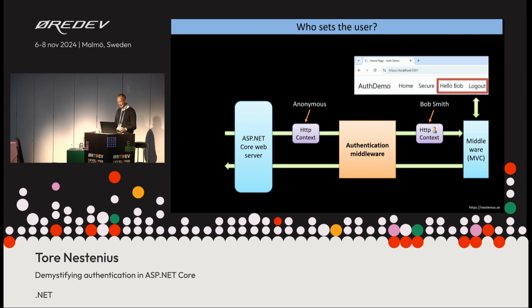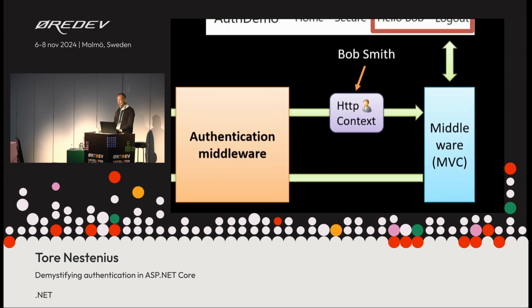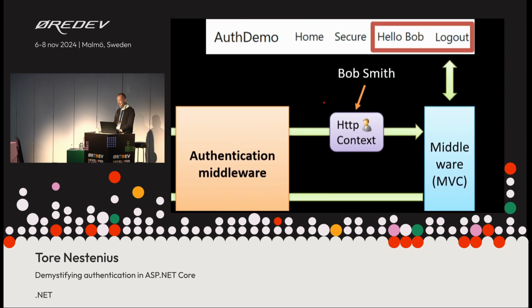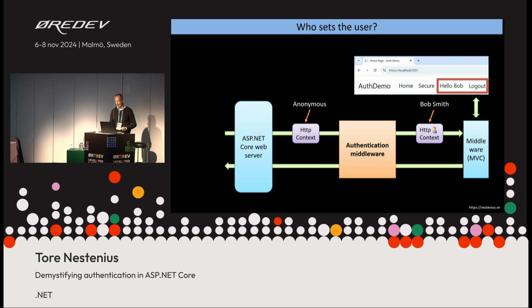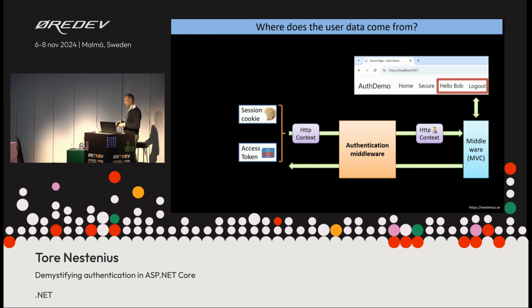If a valid user is found, it will then set the user object and create this claims principal, and then all the middlewares after the authentication middleware can figure out that, hey, this is Bob. I hope that makes sense. So the question is, where does the data come from? And typically the data comes from the cookie. It can also be from an access token or a certificate or some other source.